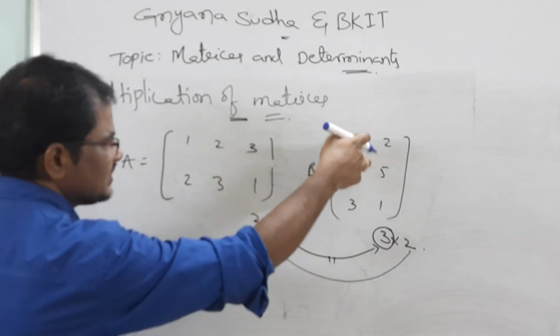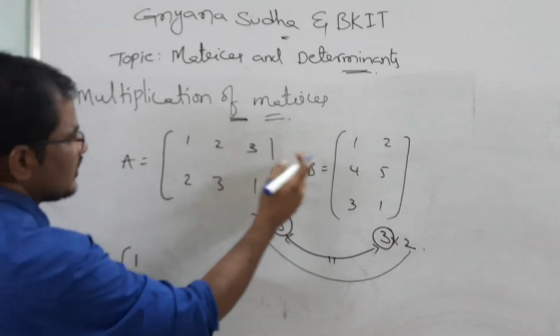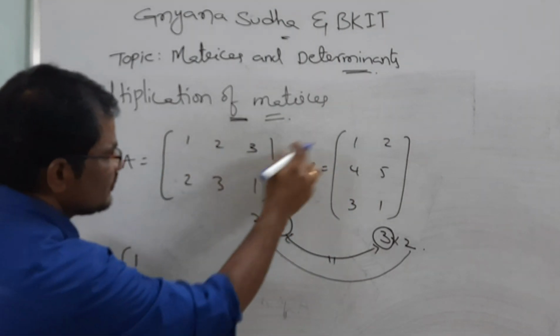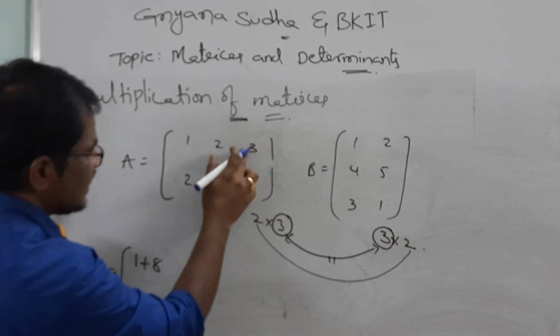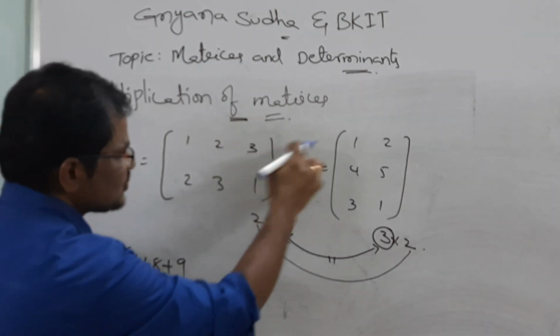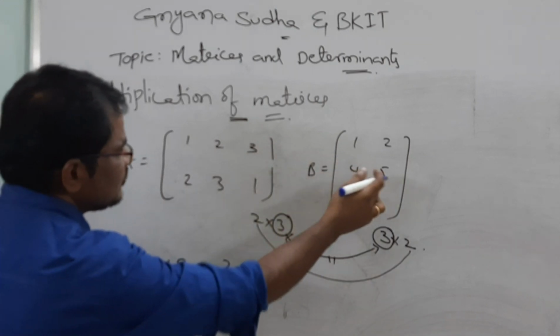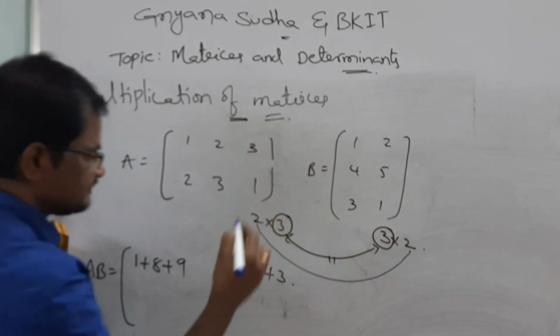What will you get? 1 into 1, 1, plus 2 into 4, 8, plus 3 into 3, 9. And multiply first row with second column: 1 into 2, 2, plus 2 into 5, 10, plus 3 into 1, 3.